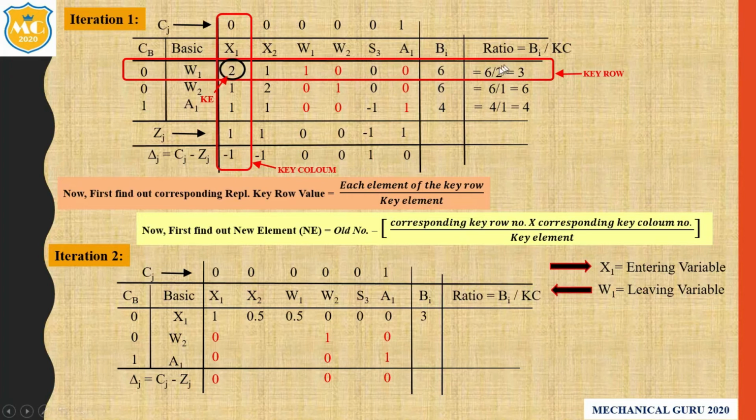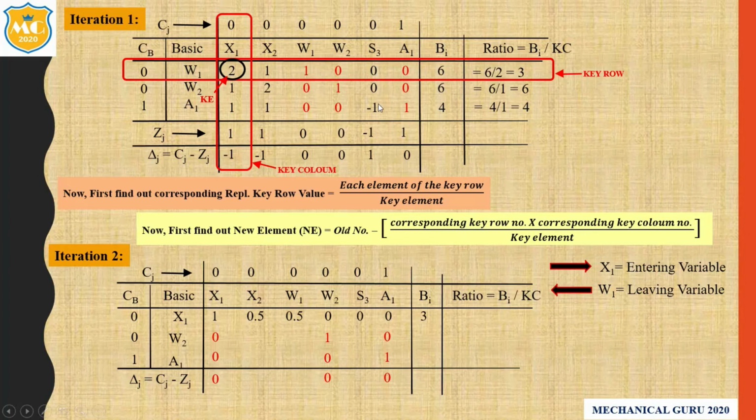Now, one more trick. In a key row, is there any 0? Yes, there are three 0s. Okay, if in a key row there is 0, that column stays as it is. Okay, so this column we have already written here. Similarly, the A1 value we already wrote here. Okay, so S3 is 0, which means this column we have to write down as it is.